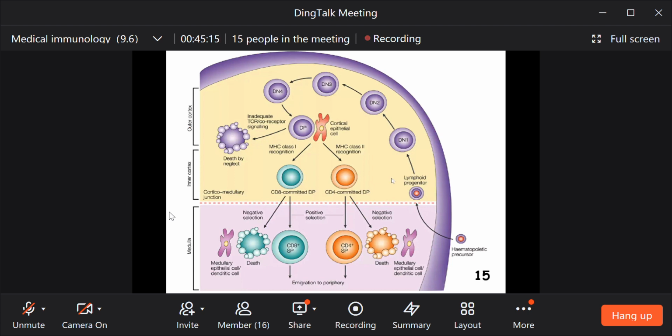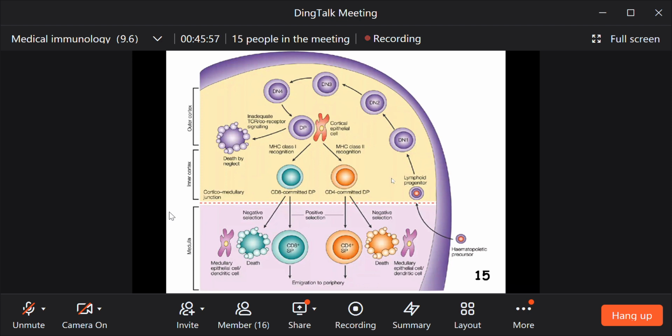After that, it follows the bold arrow and goes to different zones and through different microenvironments, and finally passes positive selection and negative selection, and becomes a mature T cell. The mature T cell here has the ability to take part in the immune response against infection after activation.